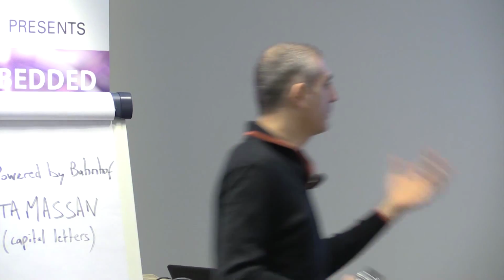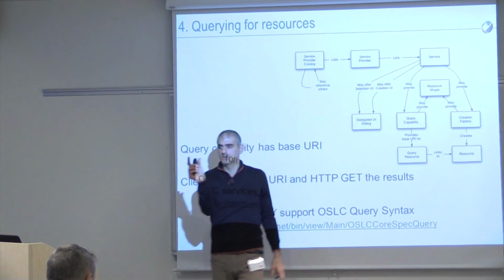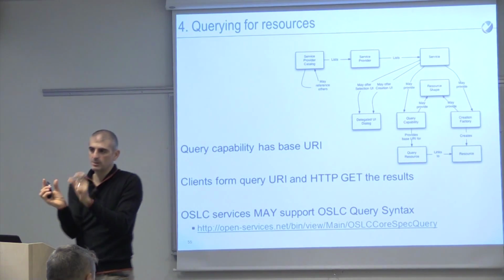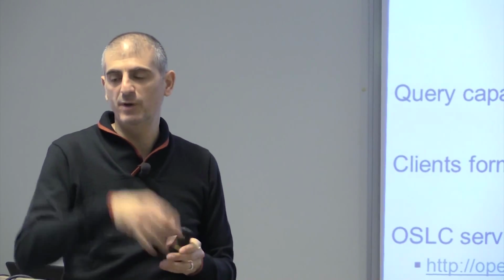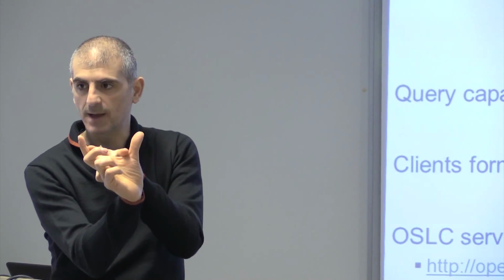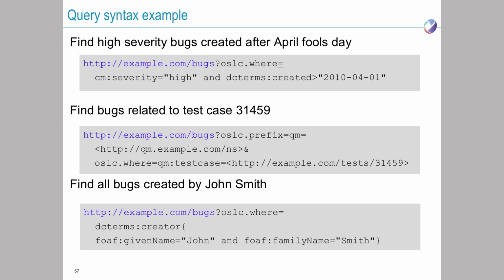One of the properties of the query capability is the title, and so on, but it's also got the base URI. If you want to do a query, one service provider can have many query capabilities. For each of them, you have the URI of how you start. Then the standard specifies what kind of parameters you can add to this base URI to do different kinds of queries.